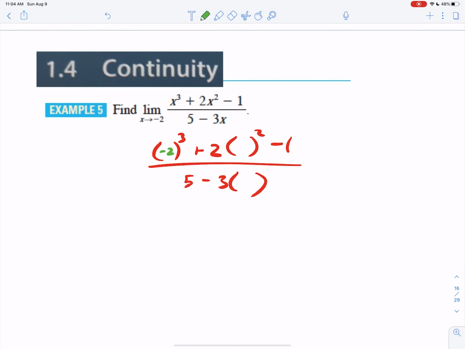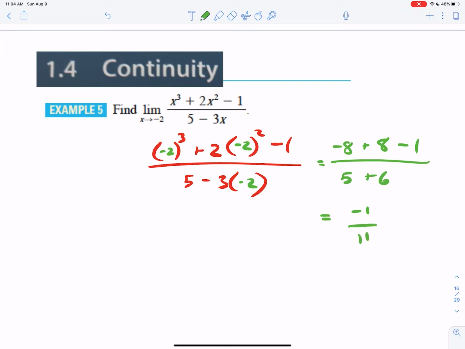Okay, so we're going to plug in -2. Notice how I'm using parentheses. Okay, so here, -2 cubed, I'll get -8. -2 squared is 4 times 2 is 8. And down below, I'll get 5 plus 6. Basically, you're going to get -1 over 11. Okay, so I tried to plug in this number, and it worked.